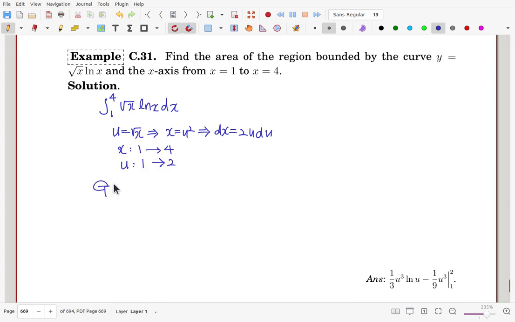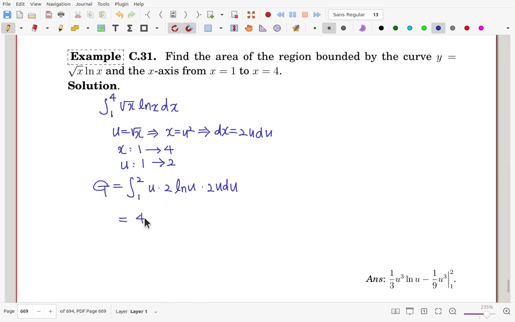So the given integral is the same as from 1 to 2, and square root of x is u, and now x is u squared, so the logarithm of u squared, here 2 can go out, and then logarithm u, and dx is the same as 2u du. Okay, let's rewrite here.